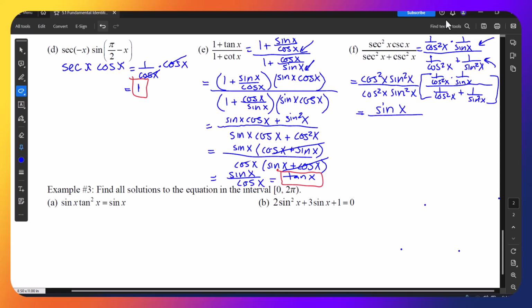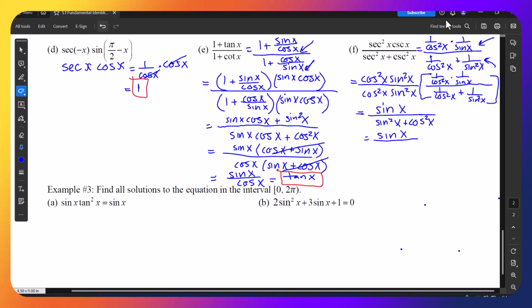So the first fraction will turn into sine squared of x, and the second fraction needs to be multiplied by the same exact quantity, so it's going to turn into cosine squared of, I keep saying theta, I think it should be x. All right, sine of x in the numerator.